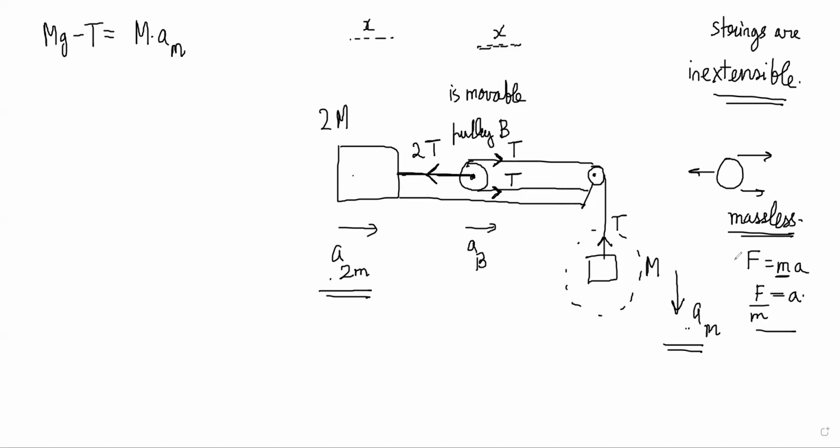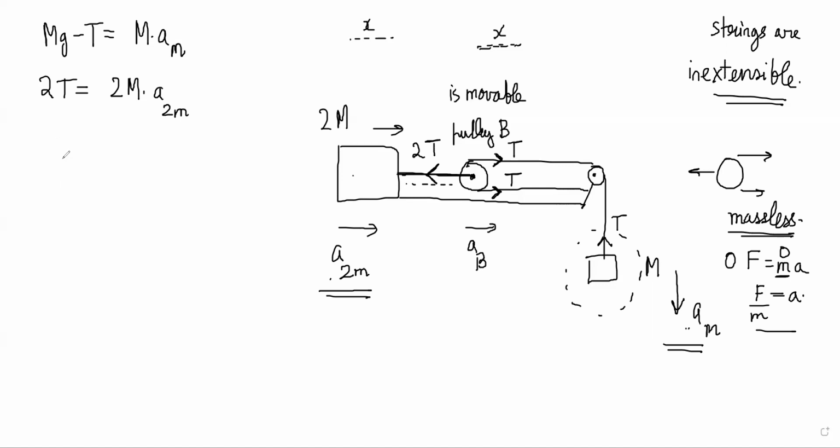So the force also must be 0, and then it works out that it is massless. Yes, sir. Because acceleration cannot be infinite. So since forces have to be balanced, we know the tension in the second string is 2T. So the equation for the 2m mass is 2T is equal to 2m times A of 2m, right?